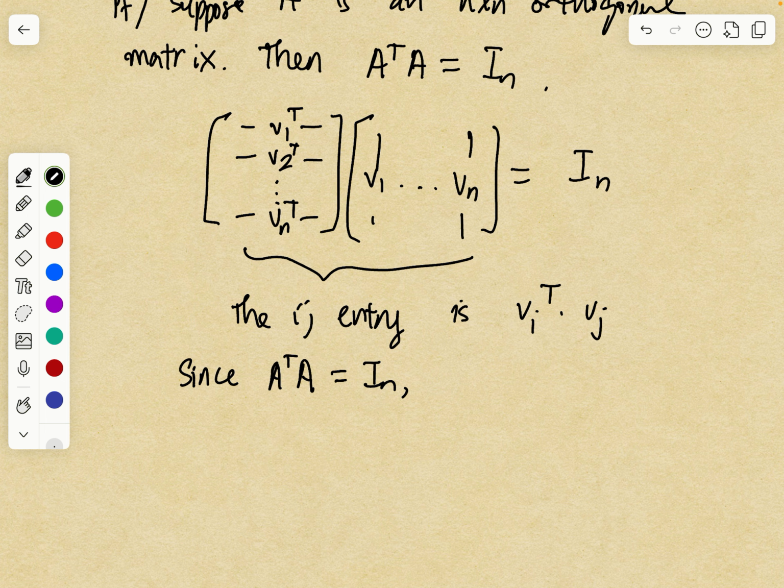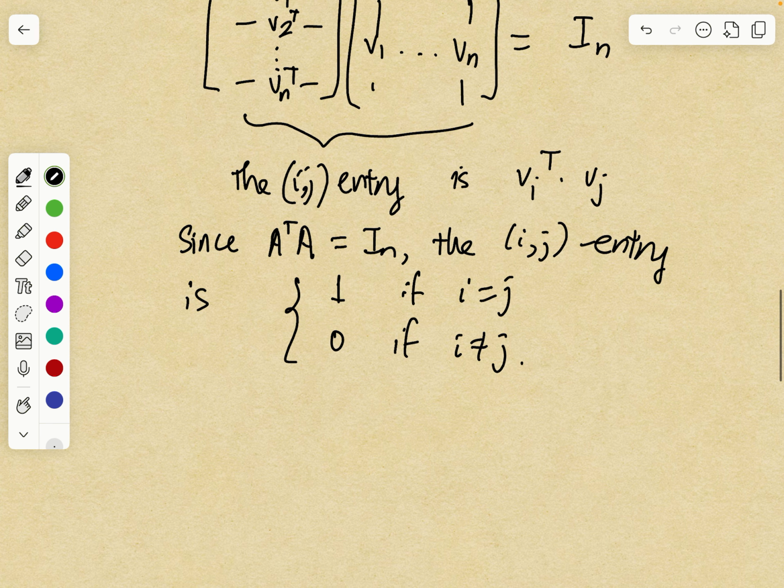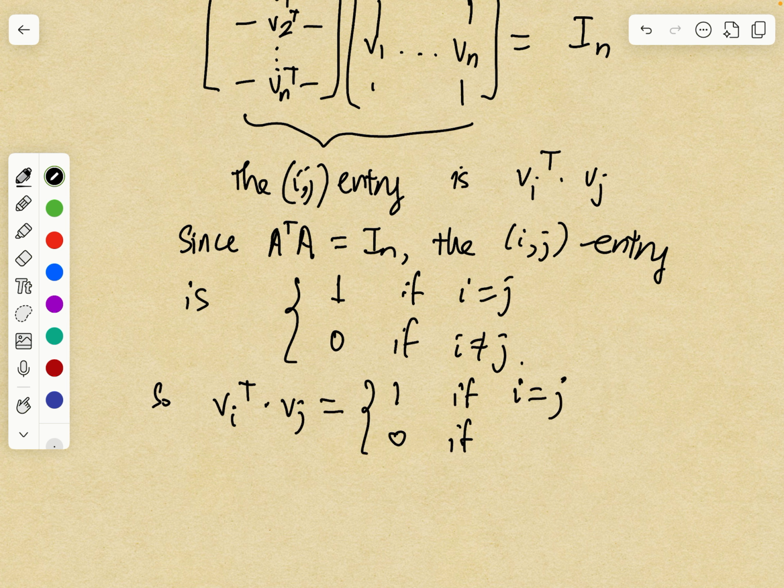The i, j entry is 1 if i is equal to j and 0 if i is not equal to j. So that tells you that vi transpose times vj is 1 if i is equal to j and 0 if i is not equal to j.